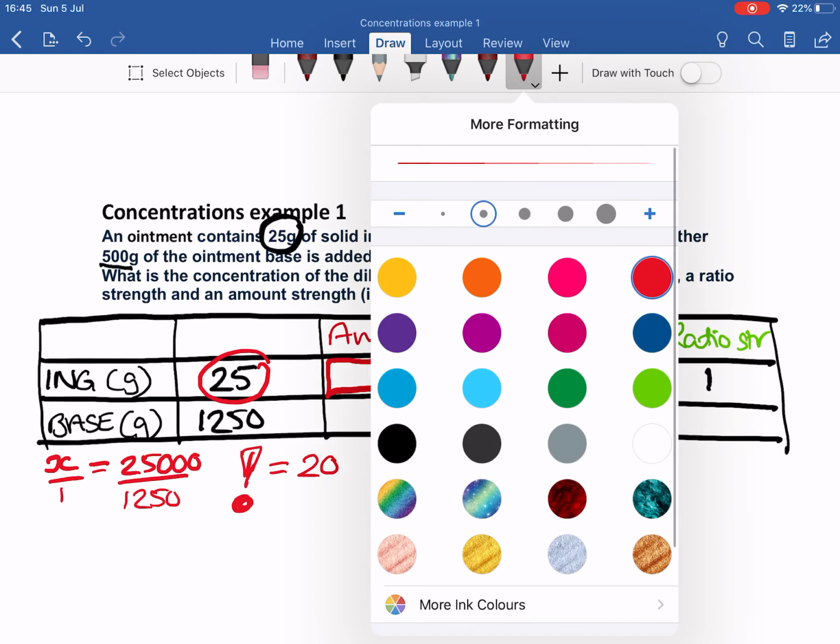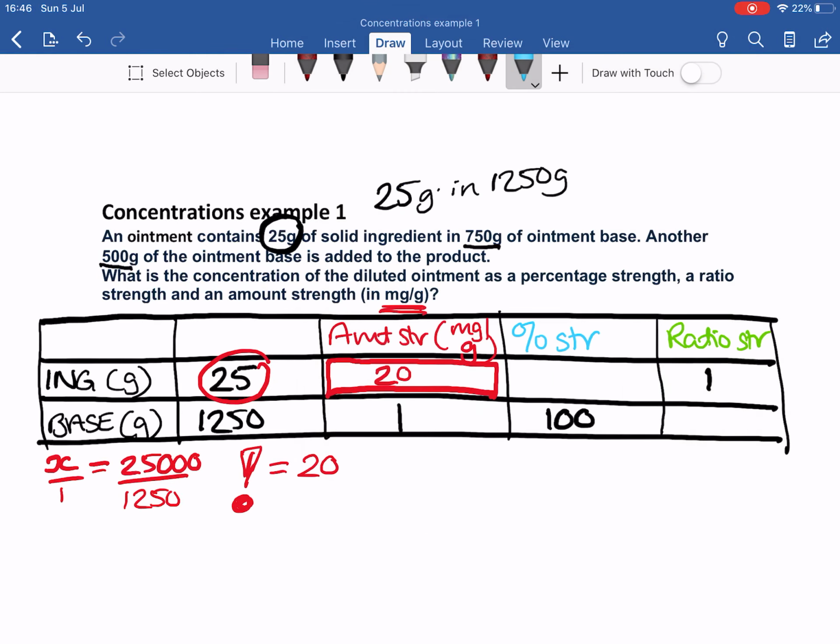We now need to calculate the percentage strength. So percentage strength is the number of grams per 100 grams. So we don't need to convert anything because we're already in grams. So we're trying to calculate this box here, which we'll call Y. So we get Y over 100 is equal to 25 over 1250.